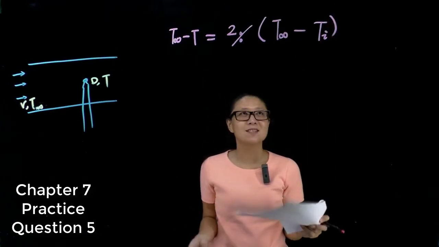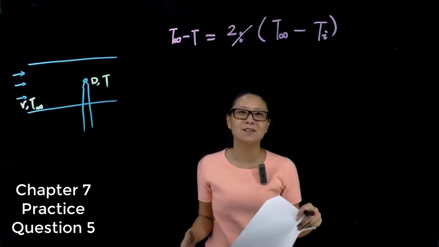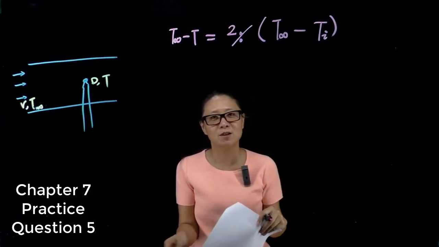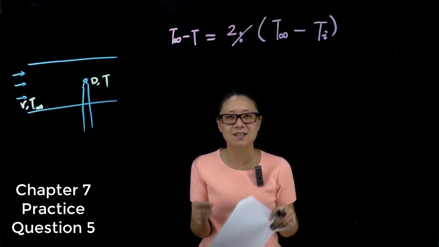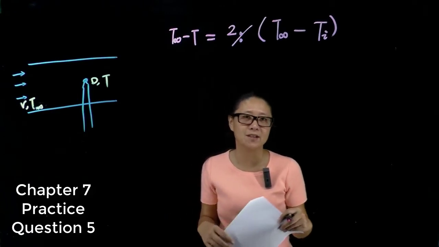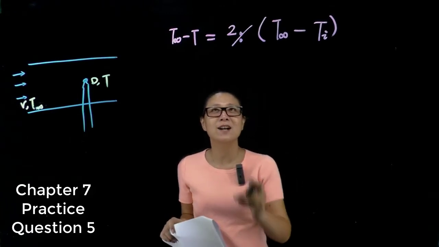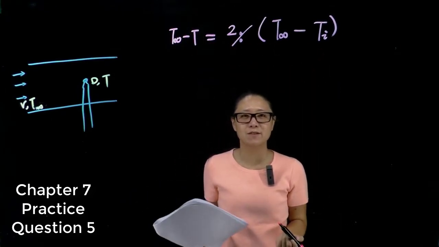So again, what is T infinity minus Ti? Given an infinite amount of time, eventually the temperature of the thermocouple will reach T infinity. So T infinity minus Ti is the maximum temperature difference this thermocouple could ever experience. Then how much time does it require for this temperature difference to reach 2% of the maximum temperature difference?